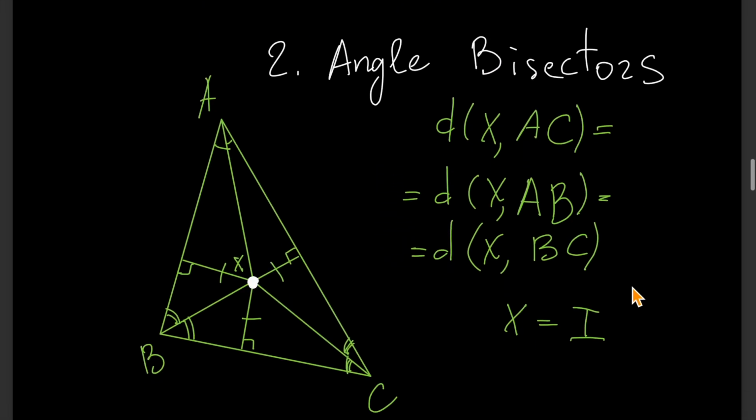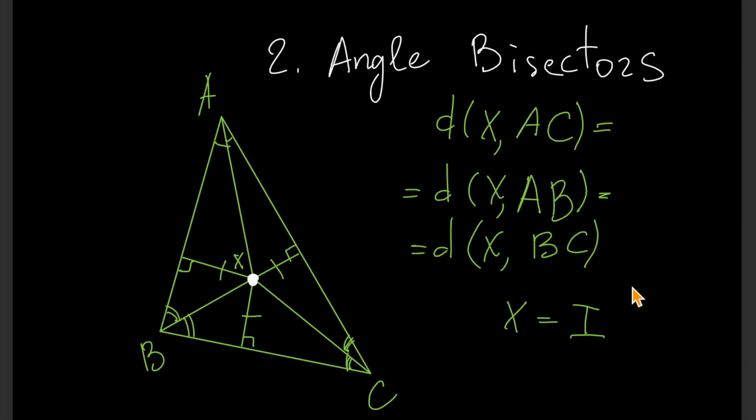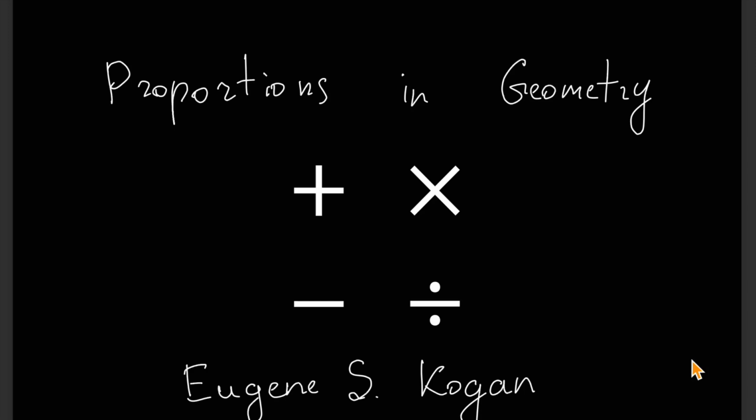Okay, so let us go over to angle bisectors of a triangle, and it's essentially the same story. We know that a point on an angle bisector is equidistant from the sides of the angle. So all three distances from the three sides are equal at the point of intersection of two angle bisectors, which also lies on the third one.